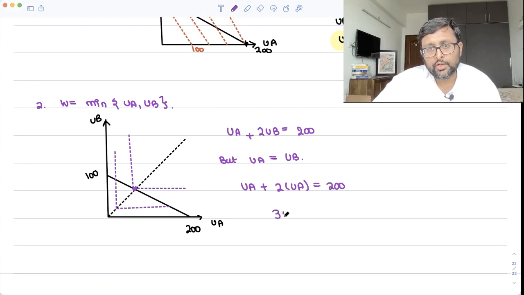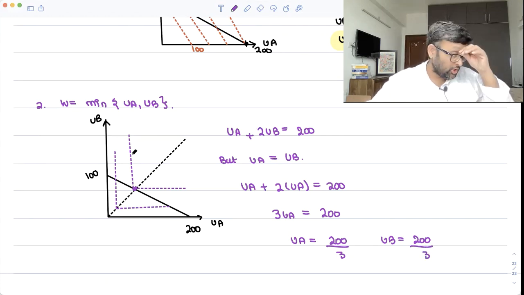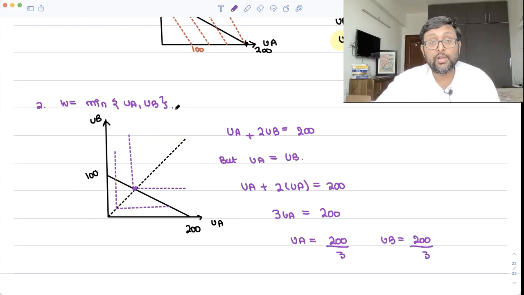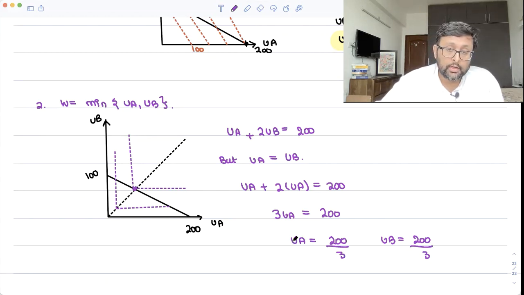So you have 3UA, which is equal to 200. So UA is equal to 200 by 3. But since UB is also equal to UA, that is also 200 by 3. So for such a social welfare function, min of UA, UB, the utility would be 200 by 3, 200 by 3, right?